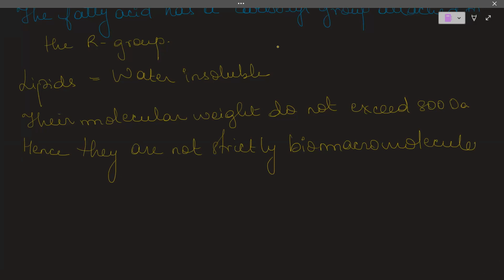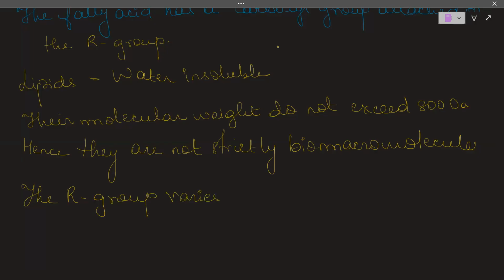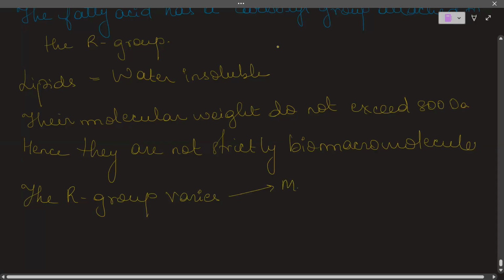Now, remember when we talk about the lipids, the R group varies a lot and it can be of a variety of forms. For example, this R group can be a methyl, and when I say methyl, it means that it will have just one carbon.